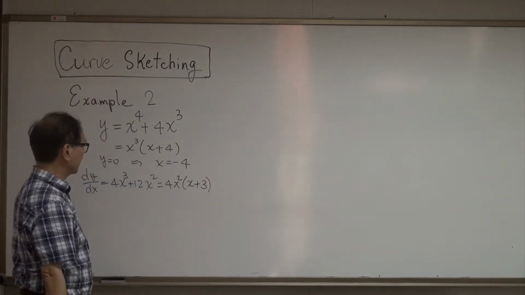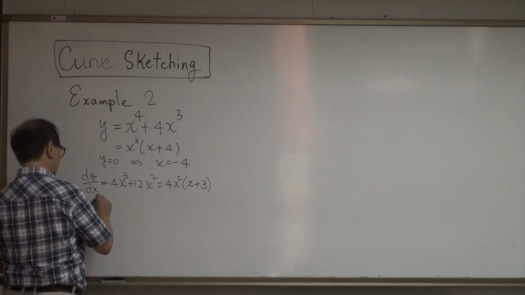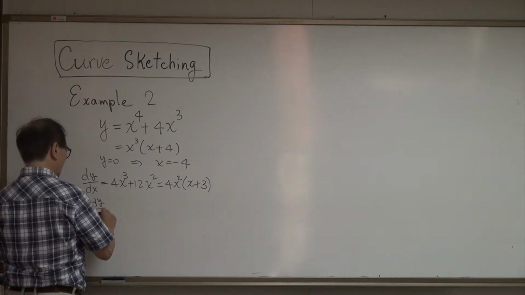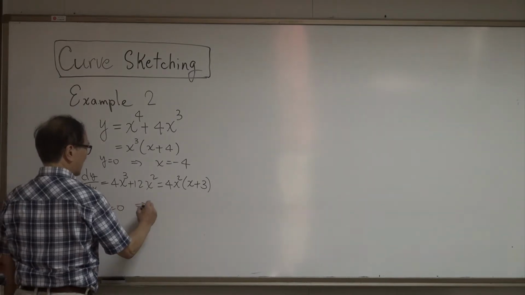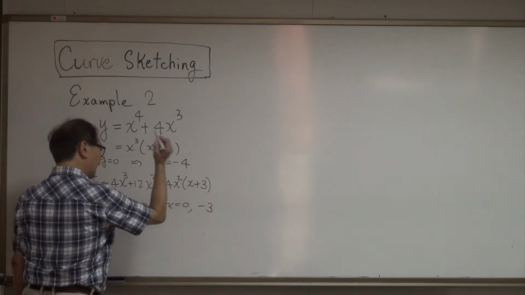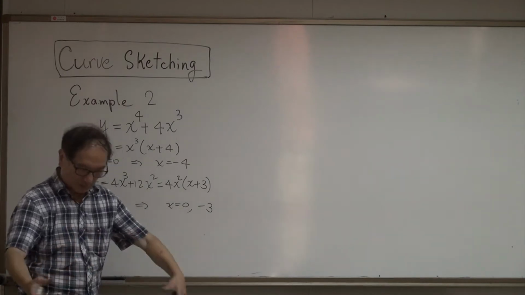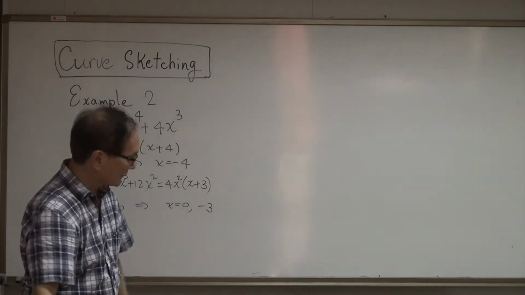The first derivative equal to 0 means that x equal to 0 or x equal to minus 3. So these are two points we should discuss.